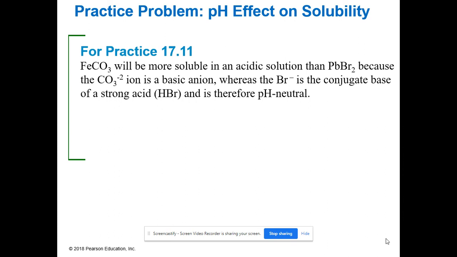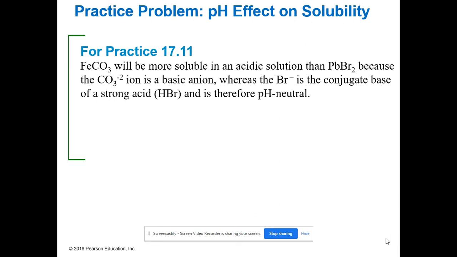Well, our iron 2 carbonate is more soluble in an acidic solution than our lead 2 bromide. Why? Well, our carbonate ions, we know, come from H2CO3. So this is a basic ion. If we have some base, it would want to dissolve in an acid.